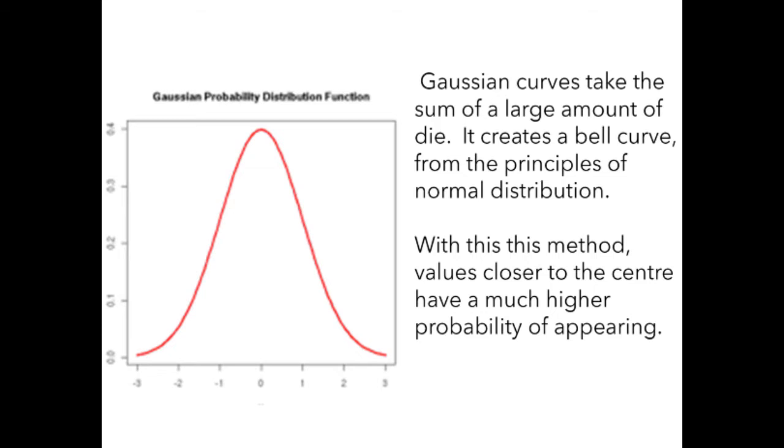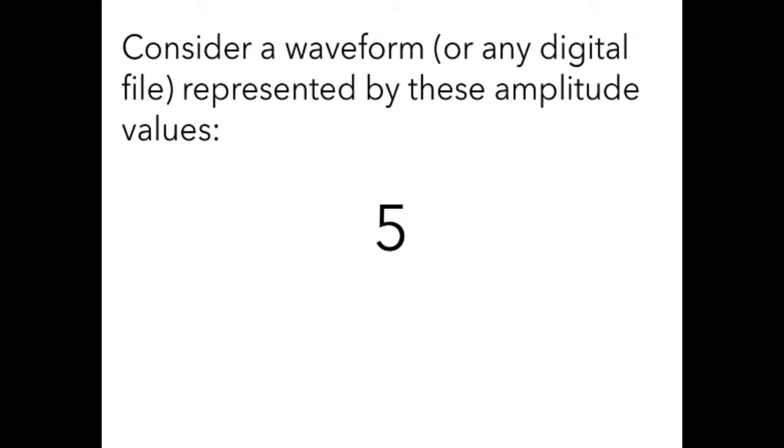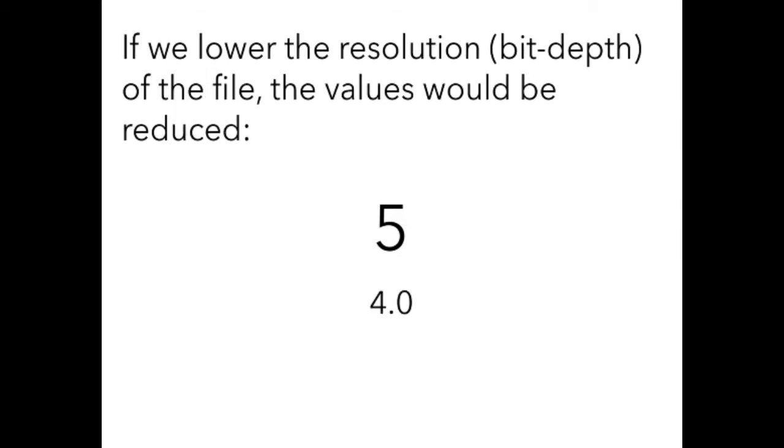Now, in essence, to explain this, if you take the sequence 1 through 8 and our number 5, which was truncated and has become a 4, if you were to apply these different functions, the rectangular probability function would mean that any number between 4 and 5 could appear. The triangular function means most likely the center number, 4.5, would appear.